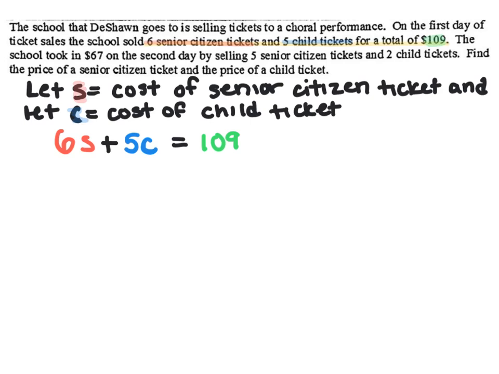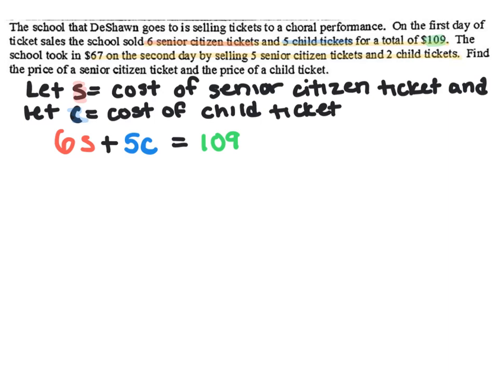Similarly, for the second equation, if I read, it says that the school took in $67 on the second day by selling 5 senior citizen tickets and 2 child tickets.